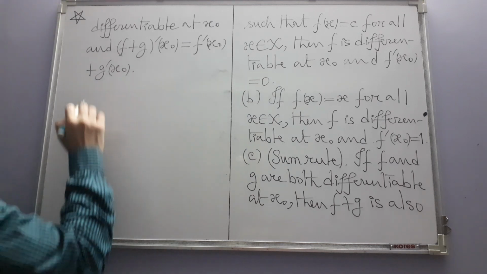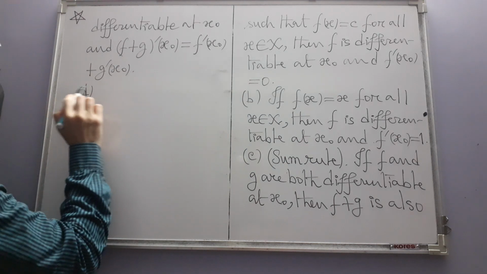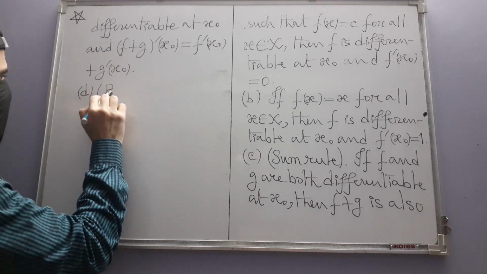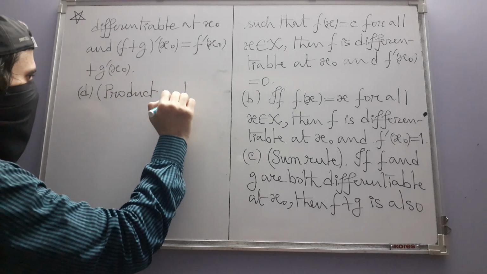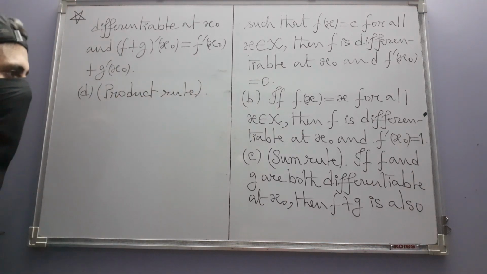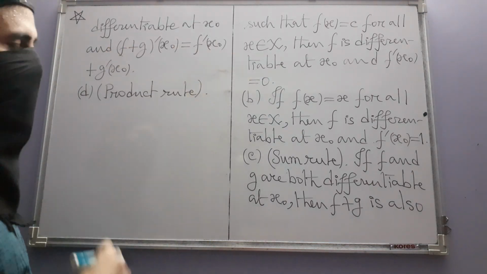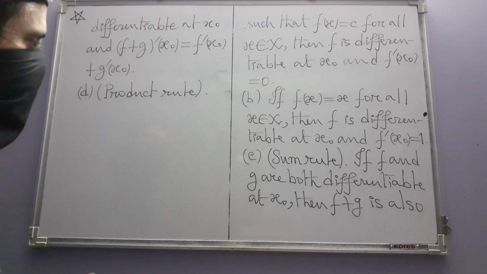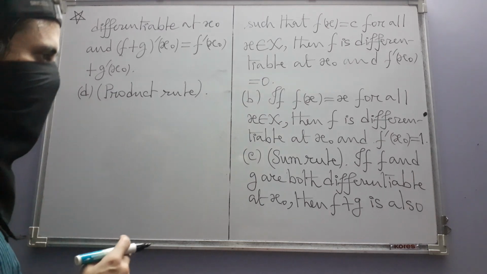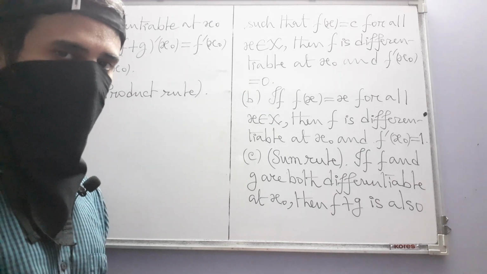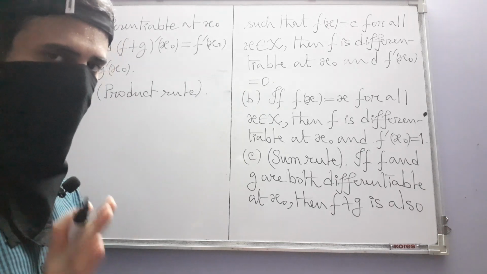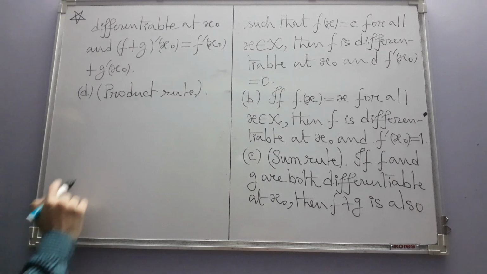And then part D is the product rule. We all know these things. The product rule is also well known, although the formula is not as straightforward as the sum rule. It's not that the derivative of the product of two functions is the product of their derivatives. It's something else.